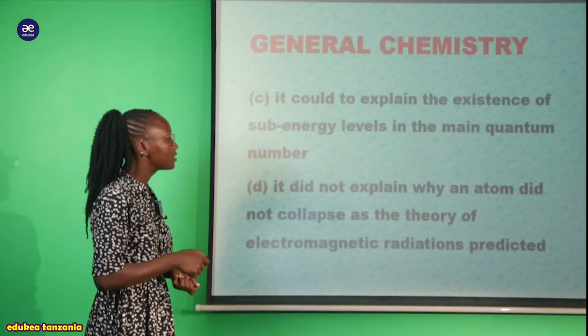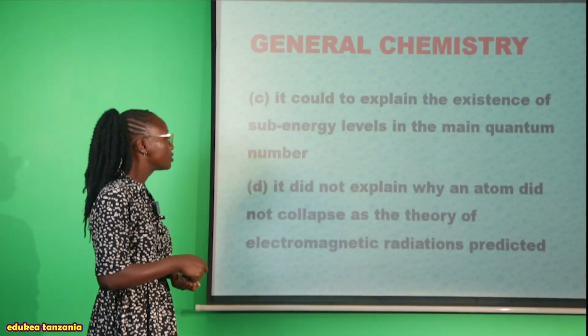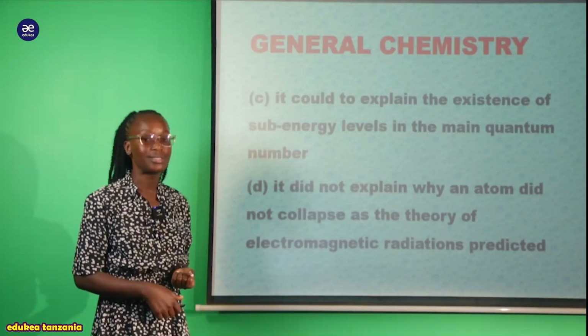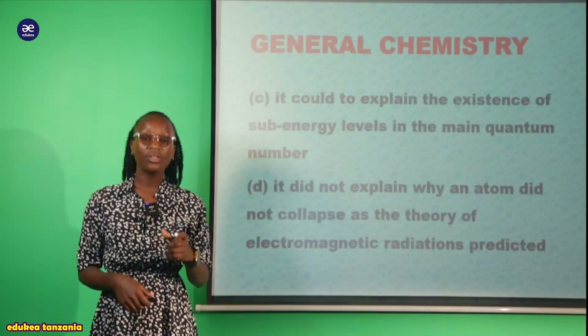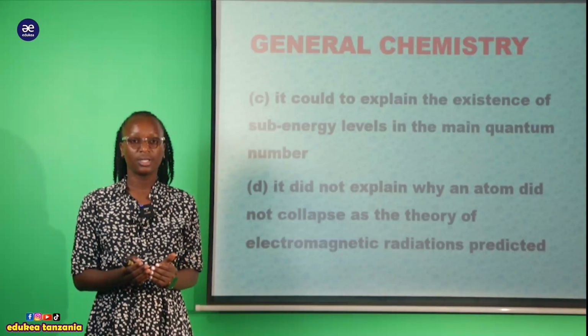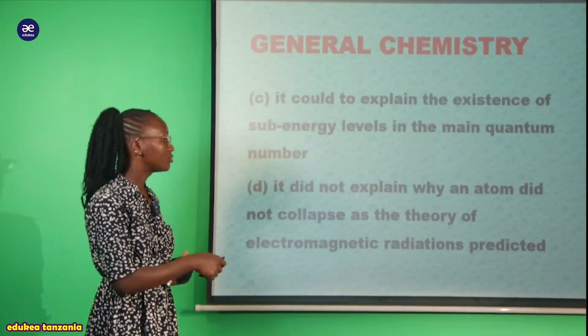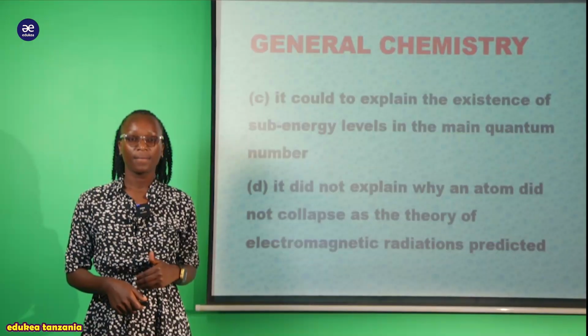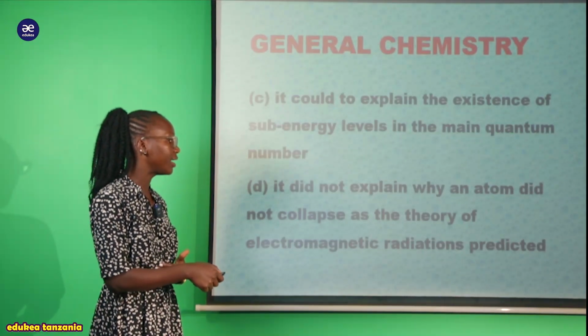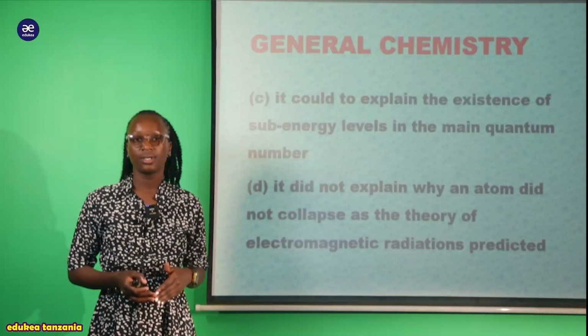It did not explain why an atom does not collapse as the theory of electromagnetic radiation predicted. Kwamba depending on the electromagnetic radiation laws there is the collapse. Lakini yeye hajatuambia why an atom does not collapse.